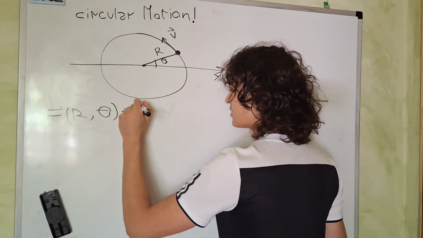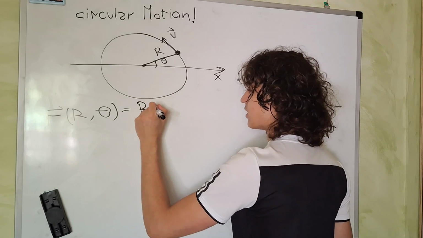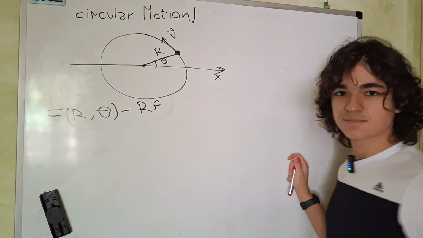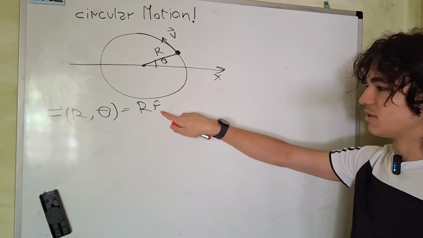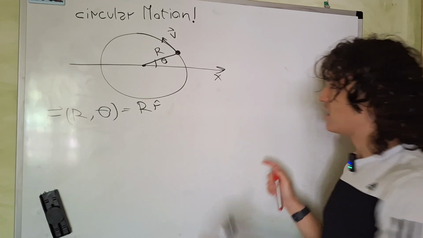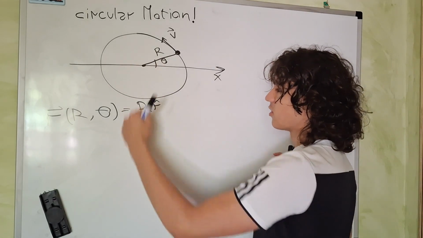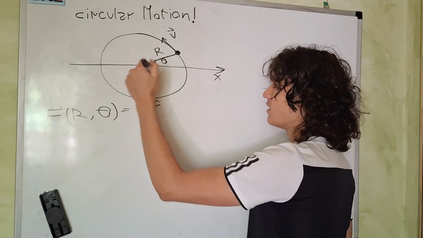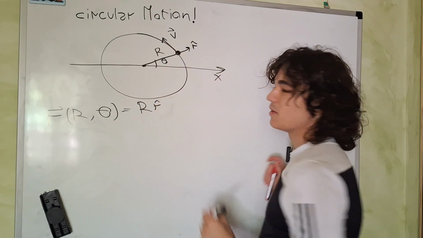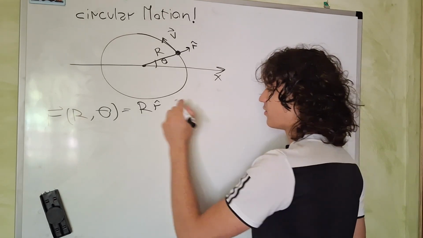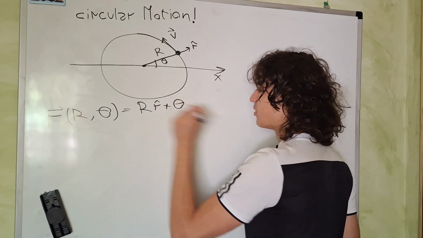We can simply put r in the direction of the radius. So this is just a scalar multiple of this unit vector here. It says, okay, you have to go the distance r in this direction, the direction of the radius, and then we have our theta parameter.